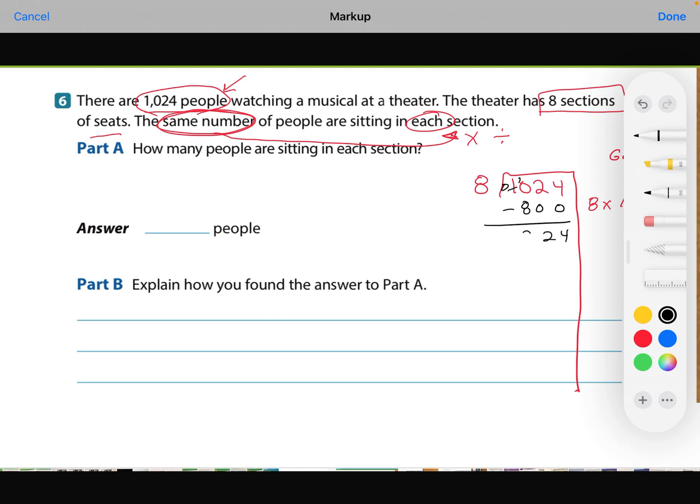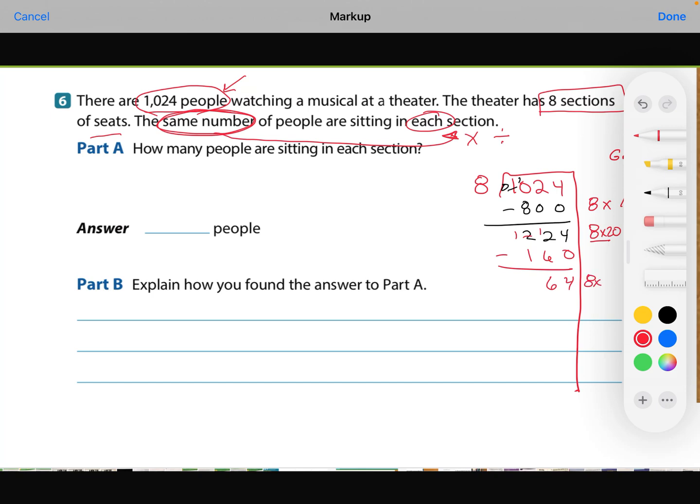Don't forget to regroup. Now, 8 times what? What do you want to try here? 8 times 20. Let's try 8 times 20. What's 8 times 20 going to be? It's going to be 16, so 160. That works. Subtract. 64.